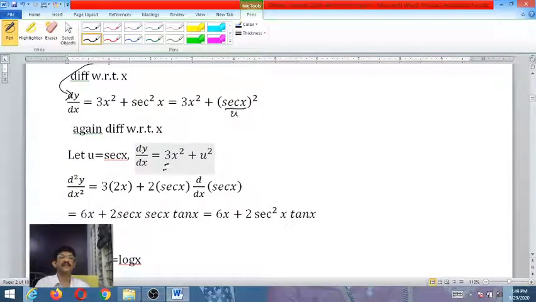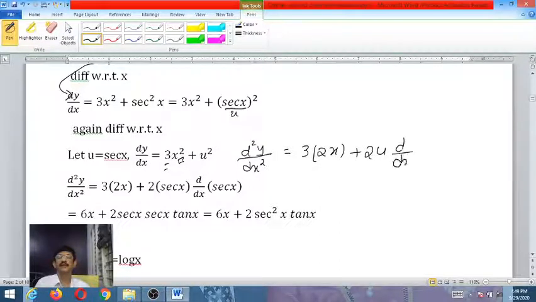3 is a constant. For x square it is 2x, plus the derivative of u square, which is 2u into the derivative of u with respect to x.